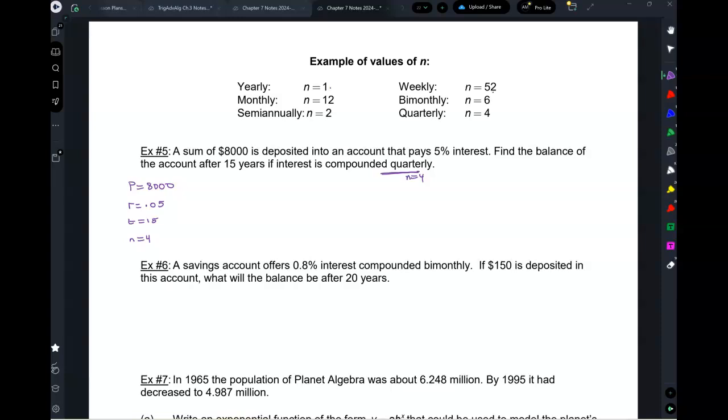So, A is P times 1 plus R over N, to the NT. P is 8,000. 1 plus 0.05 over 4, to the power of 4 times 15.